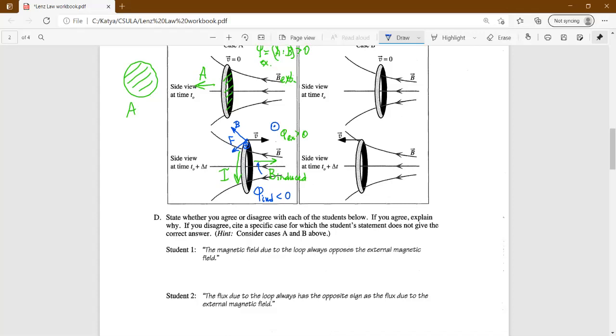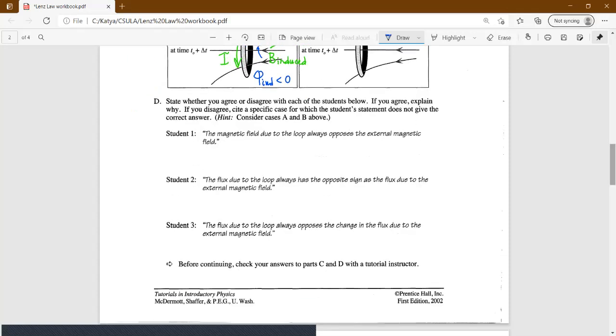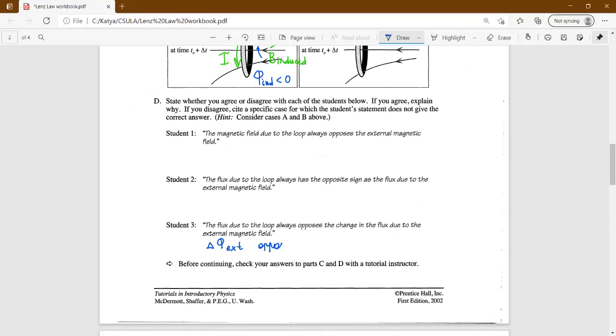So I'm going to write it down over here: the change of the external flux is opposite to the flux induced. It looks a little bit crazy, right? This is flux and this is change, but that's how it works.